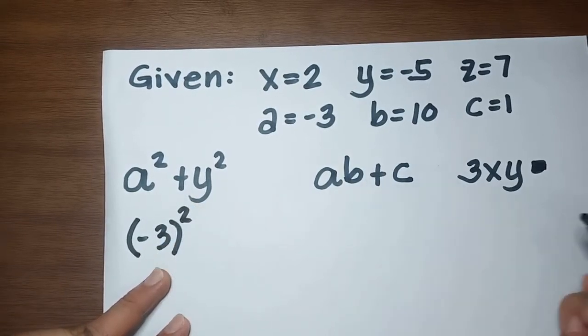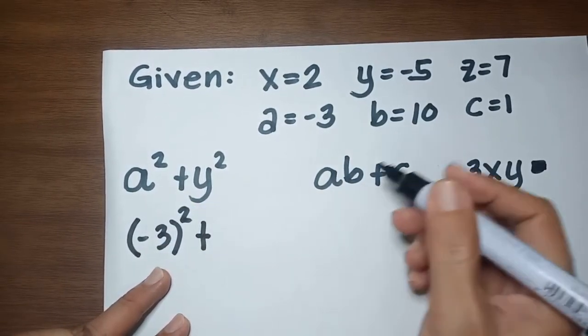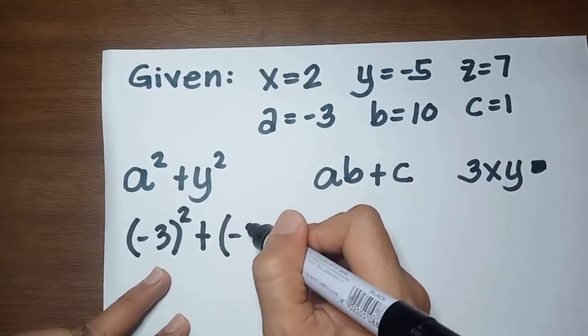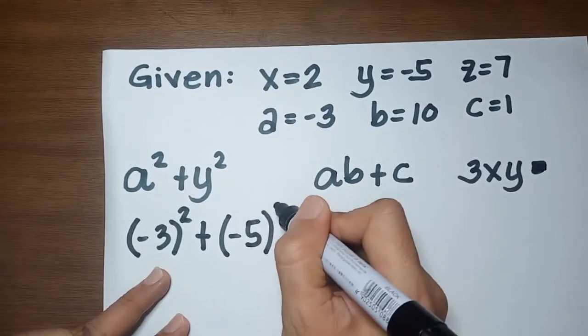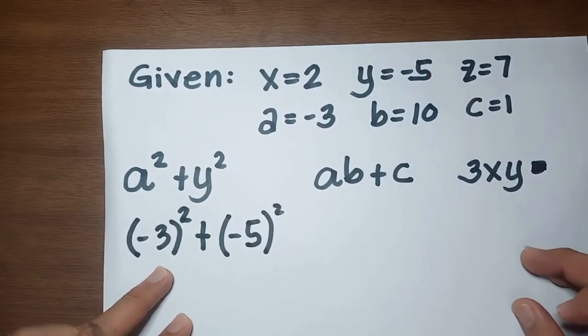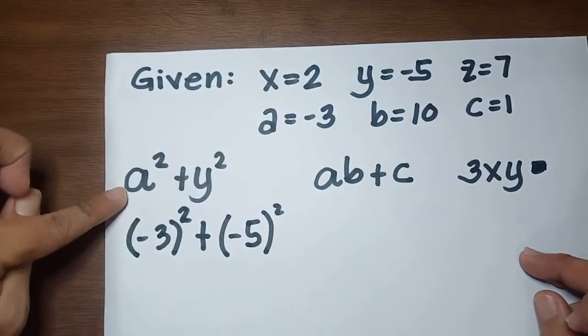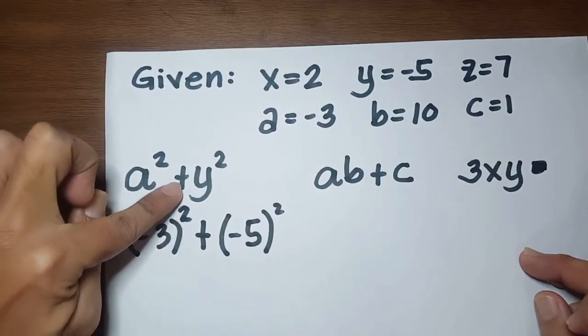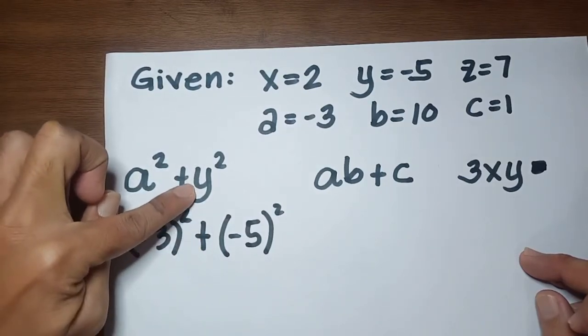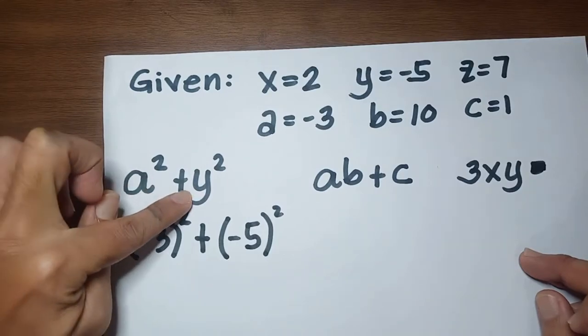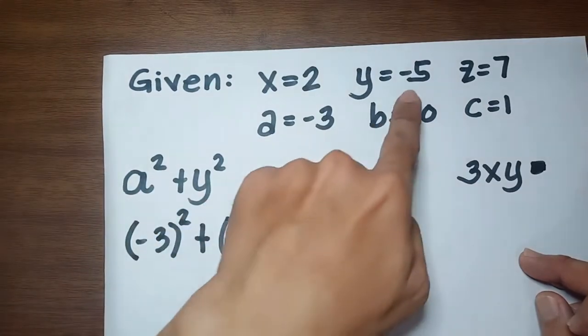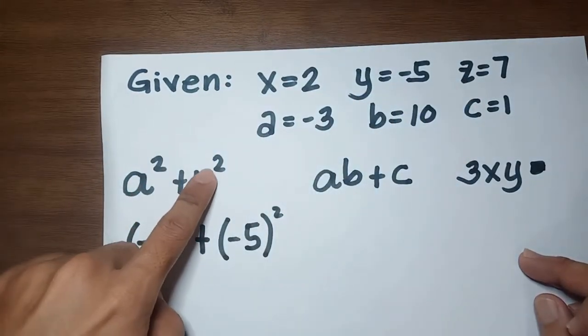Then you copy the square. Plus our y is -5, so we have -5 quantity squared. So we have negative 3, then we copy the square, we copy the plus, then we have y, which is negative 5, and we copy the square.